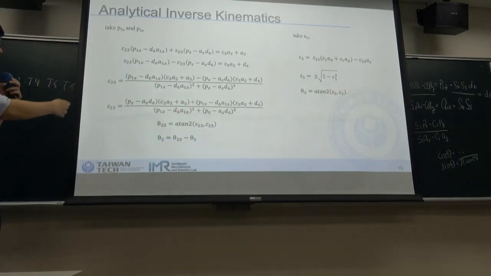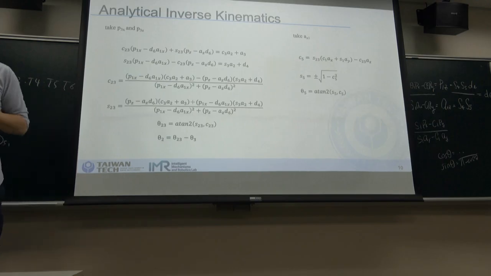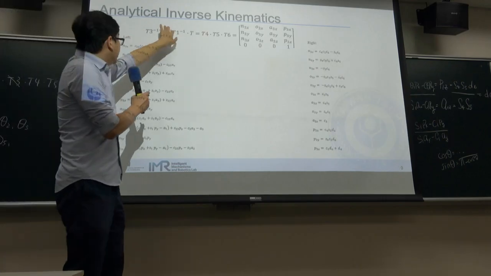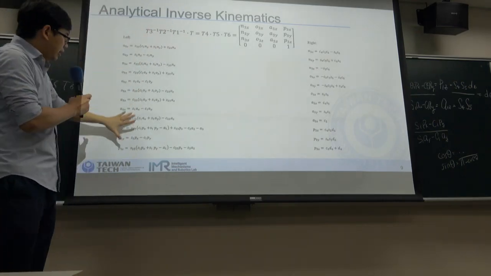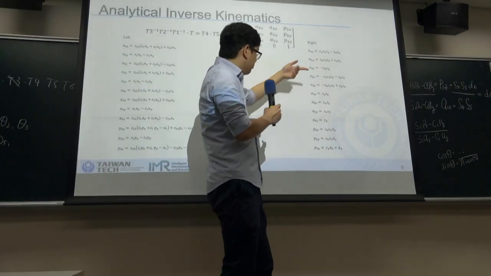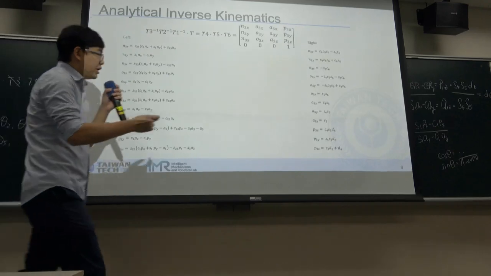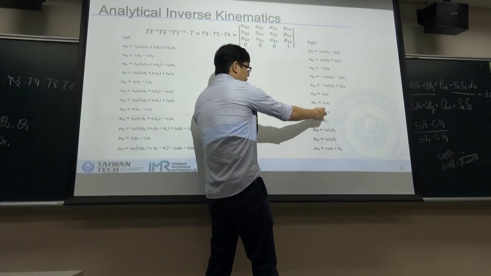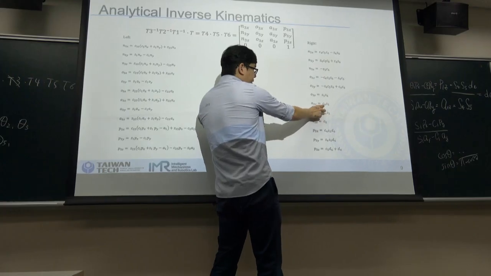So we already have theta 1, theta 2, theta 3, and theta 5. Only two are left. If we see these equations, on the left part, all these we already know the values. So we only need to find, for example, you can use cosine theta 4 and sine theta 5, because we already know theta 5, then we can find theta 4.